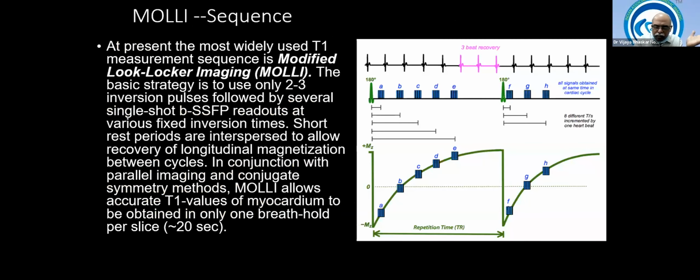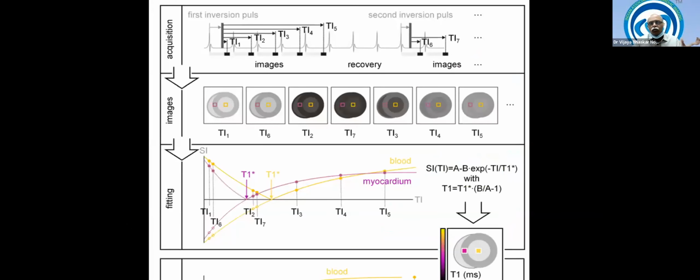I've already told you about the MOLLI sequence, and this is a typical diagram of it, where you give the first inversion pulse, acquire 5 images, give a second inversion pulse, acquire 5 images, and in between there is a 3 heartbeat gap. Because when you give an inversion pulse, there is short T1 and long T1.